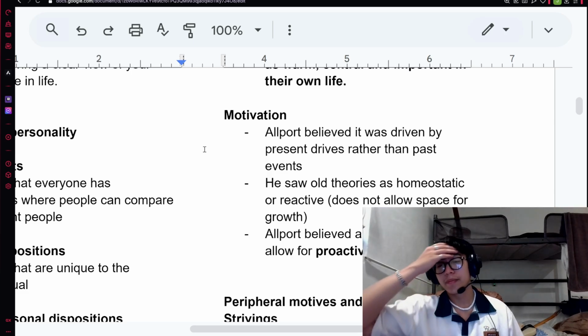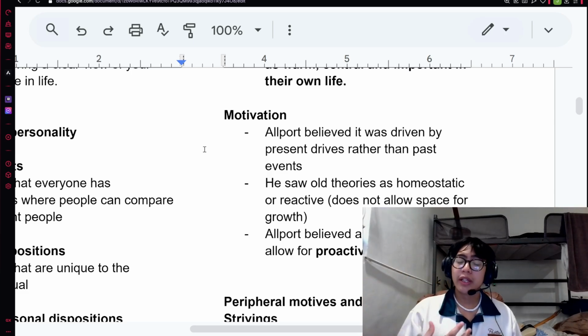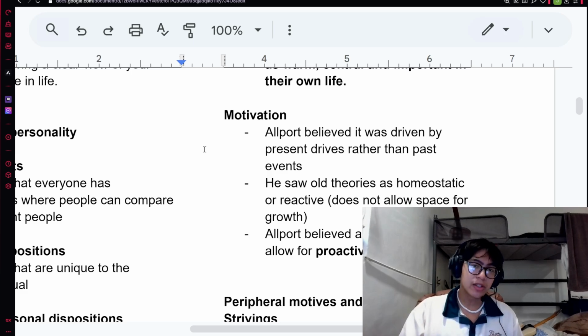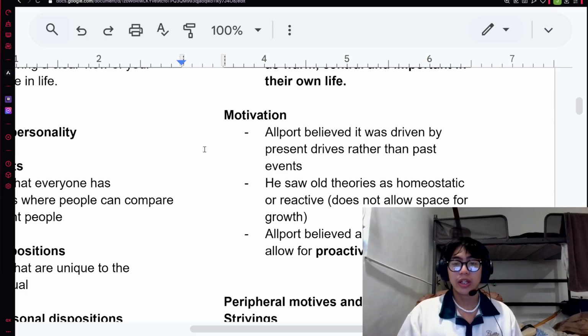So basically, Allport believed that our motivation, or our lives, are driven by our current needs and current wants in life, or you could say future goals. He didn't believe that it was our past that defined what we wanted or what we did. It wasn't the fuel for our behavior.